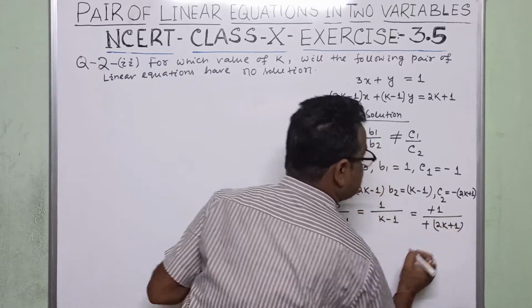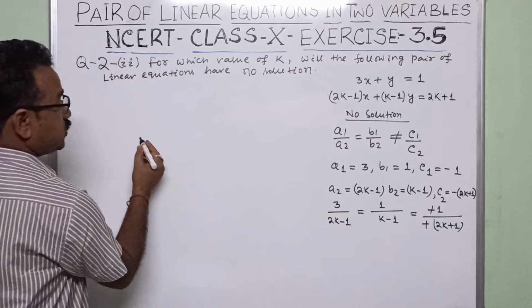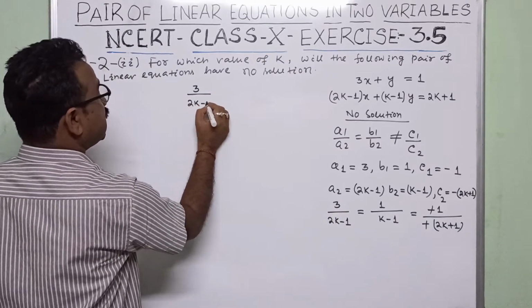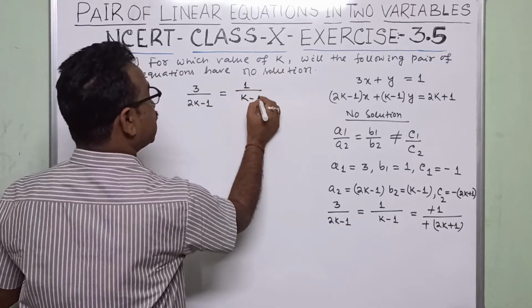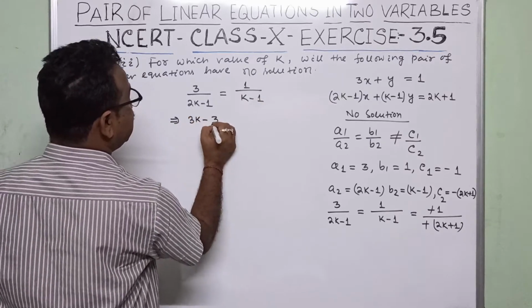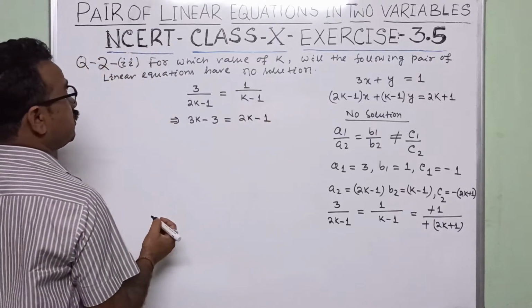So minus cancelled. Now tally this first one first. 3 by 2k minus 1 is equal to 1 by k minus 1. That implies 3k minus 3 is equal to 2k minus 1.